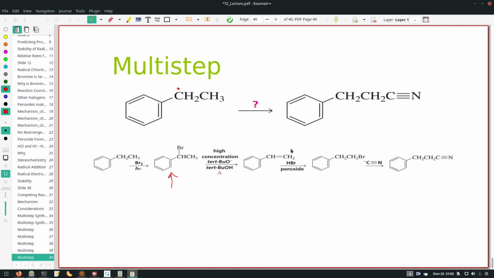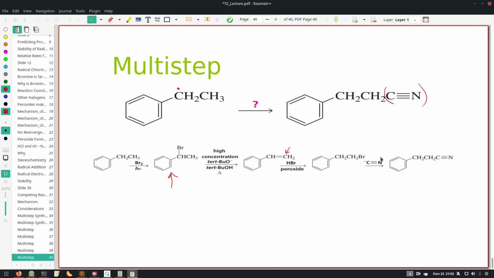Now, I would like to have something added to this outside, so I can end up attaching that in a substitution type reaction. So we're going to use HBr with some peroxides, and that'll put the bromine here, and then we'll add an H at that location. That does get the bromine on the outside, and then it's just a straight SN2 to put that nitrile on the end.